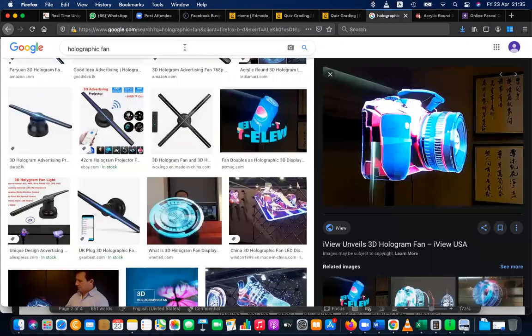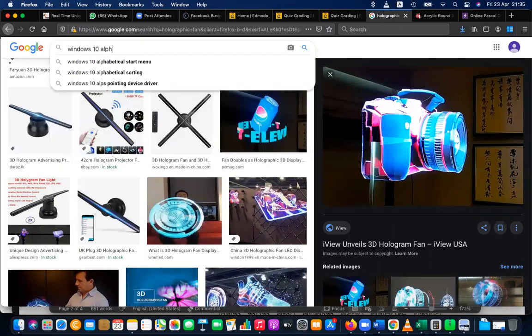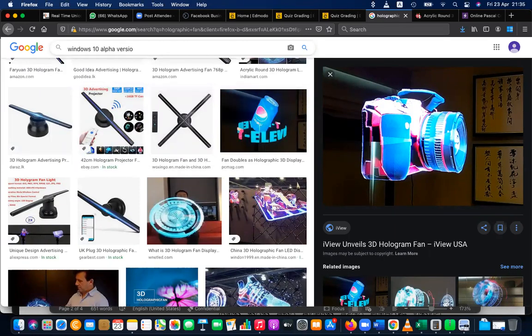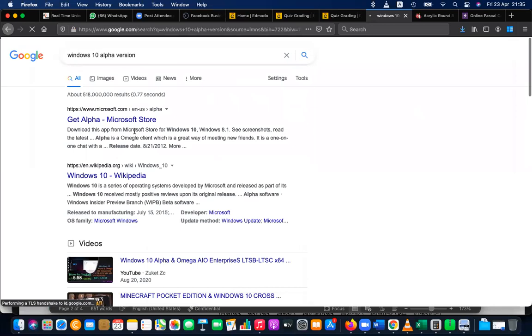Maybe let's say Ubuntu, or Windows 10 alpha version. Alpha version means it's for the developers. The developers will use and test the alpha version.